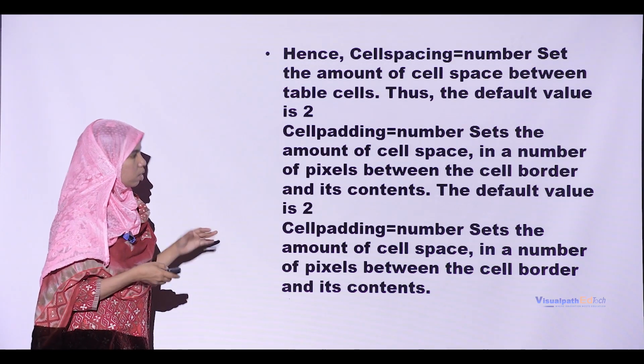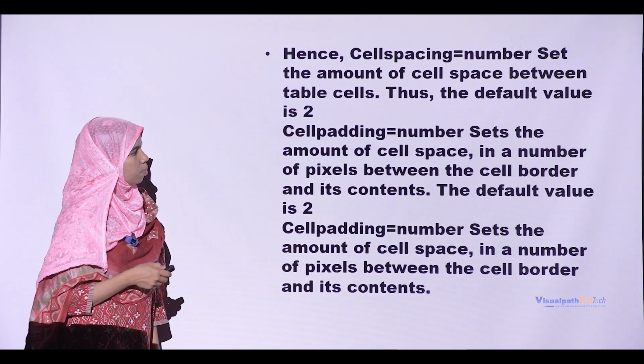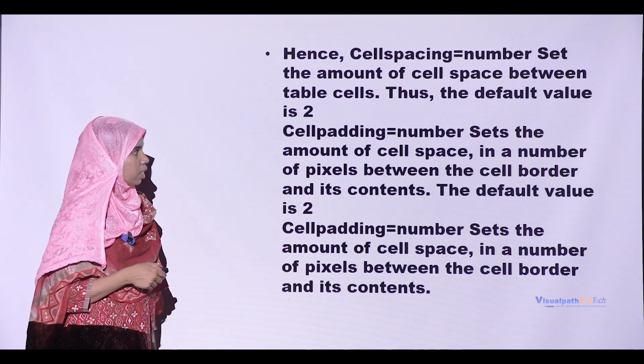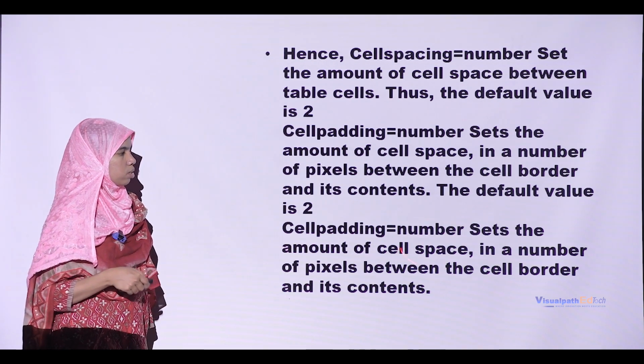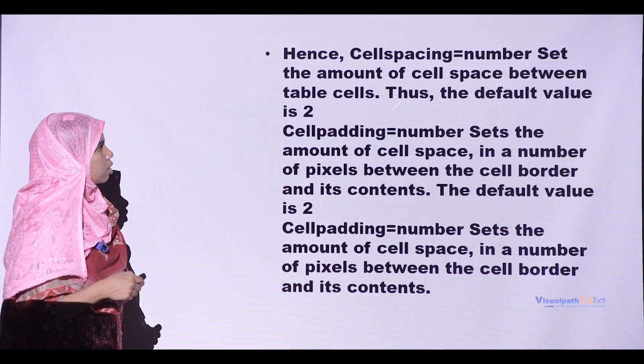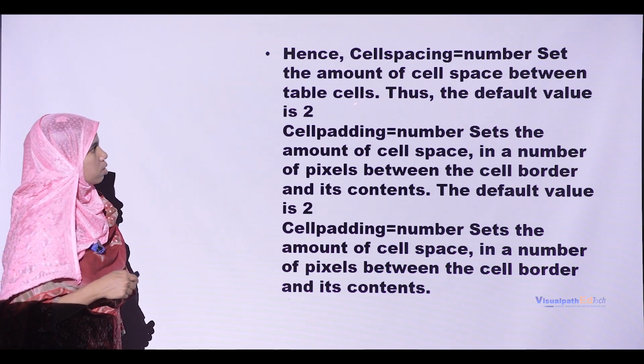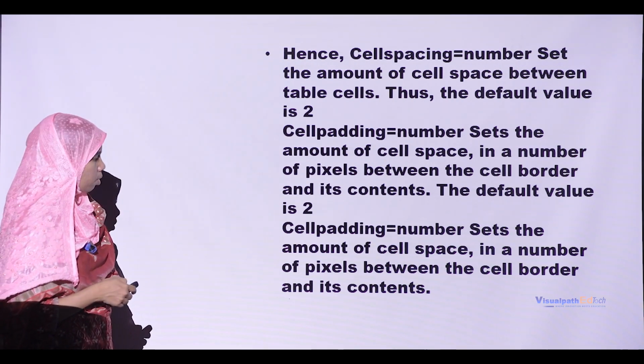Padding is different and spacing is different. Both of them are very, very important when designing the table structure. This is with respect to pixels, and this is with respect to the space between the table cells.